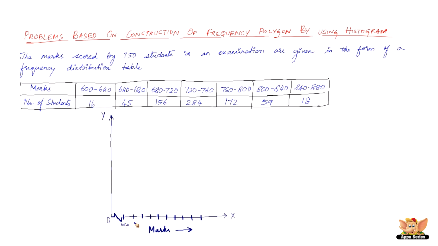Let me write here 560, 600, 640, 680, 720, 760, 800, 840, 880 and 920. And then we have on the y-axis the number of students.